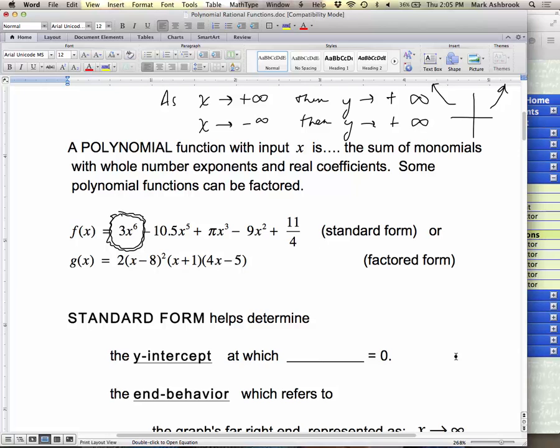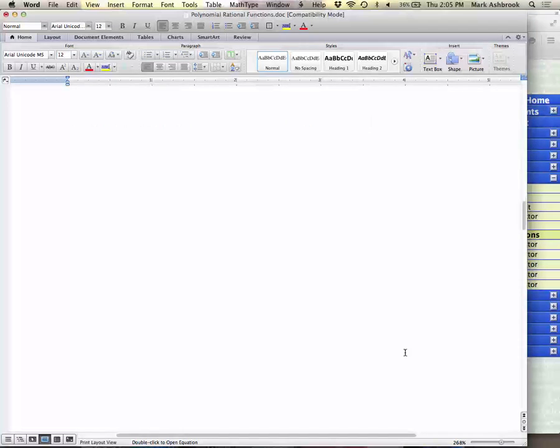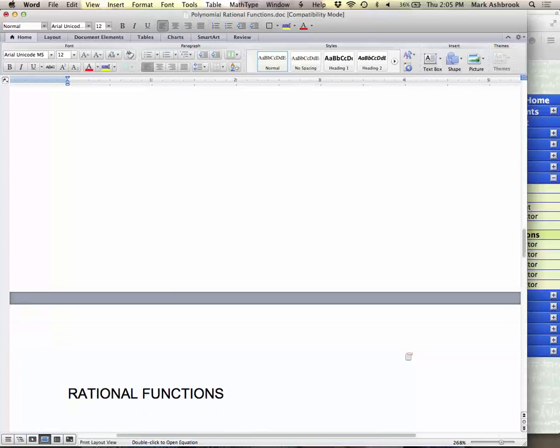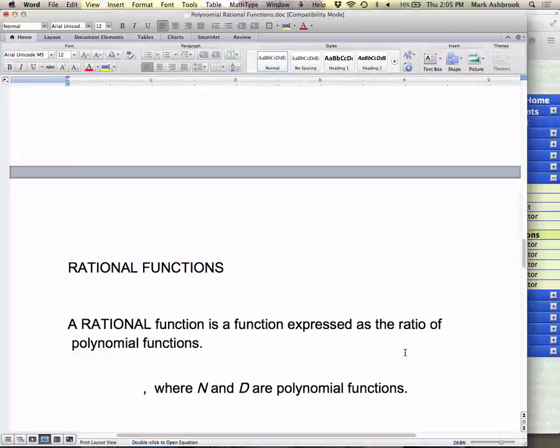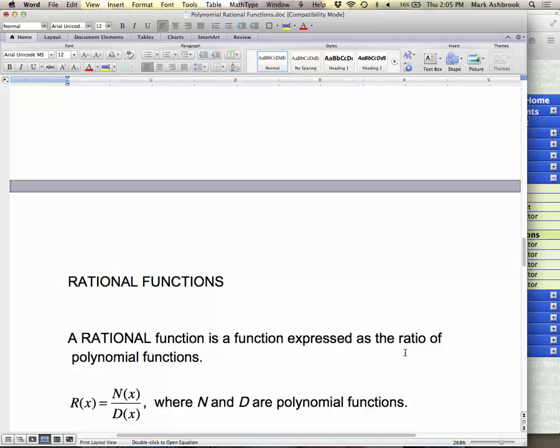Okay, so let's move on to rational functions. A rational function is a function expressed as the ratio or fraction of polynomials. So if you take one polynomial and divide it by another, you've created a rational function.